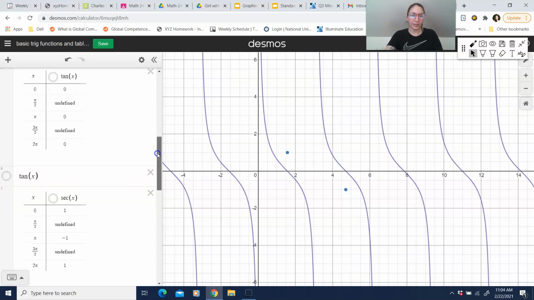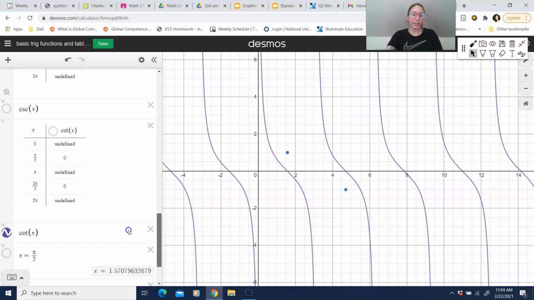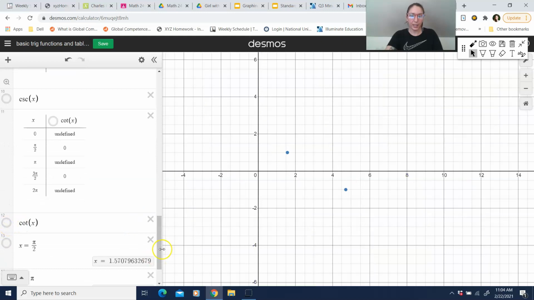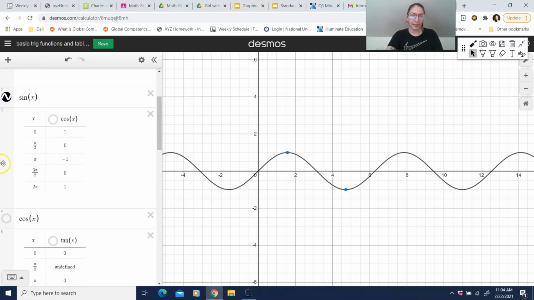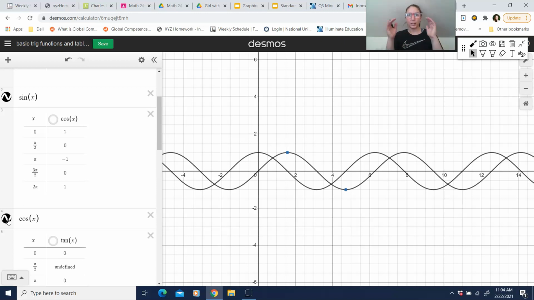Cosecant and secant, up and down U's. And then sine and cosine look like shifted waves. Secant, cosecant, shifted U's. Tangent, cotangent, opposite looking vertical squiggles. Okay, so that is the main point, is kind of seeing, hey, what's the shape of all of these base graphs?